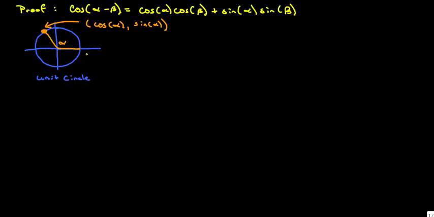Then we're going to draw another angle in here. So beta. Do that in green. So this little angle right here is beta. And this point, its x value is the cosine of beta, and its y value is the sine of beta.